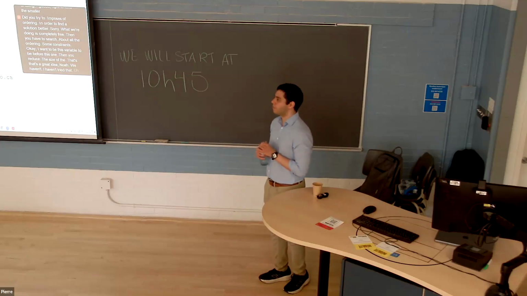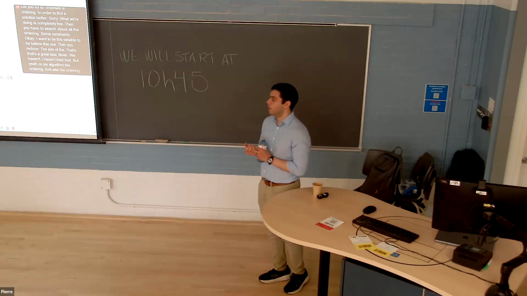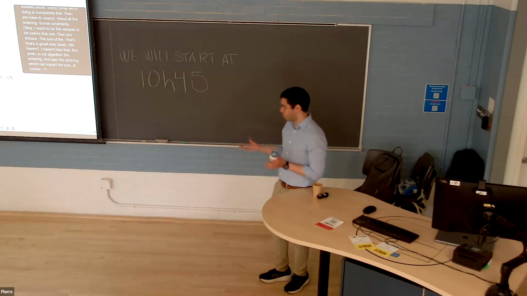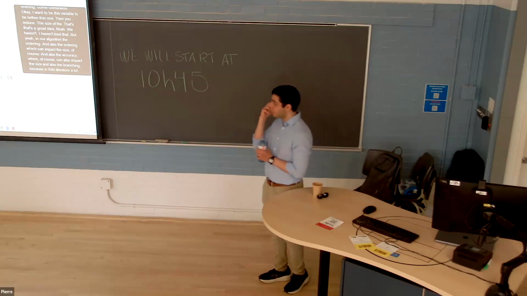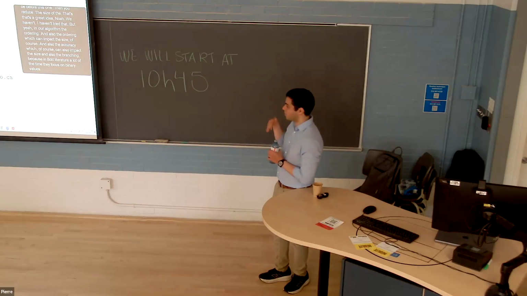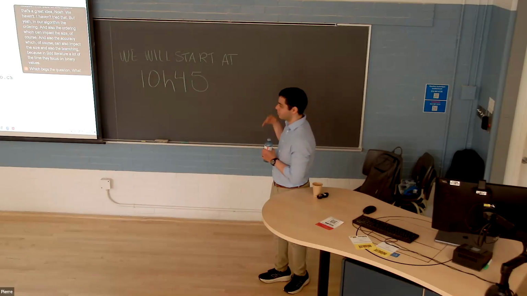But in our algorithm, the ordering can impact the size, of course, and so can the accuracy, and also the branching, because in the BDD literature, a lot of the time they focus on binary values, which begs the question of what we are talking about in terms of actual thresholds.